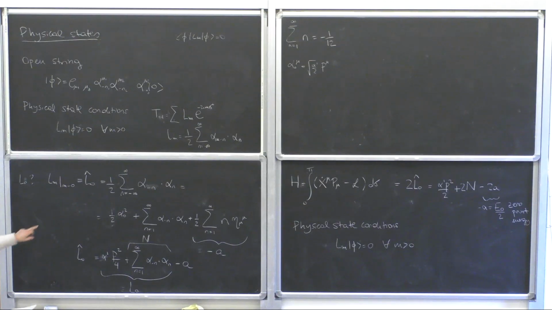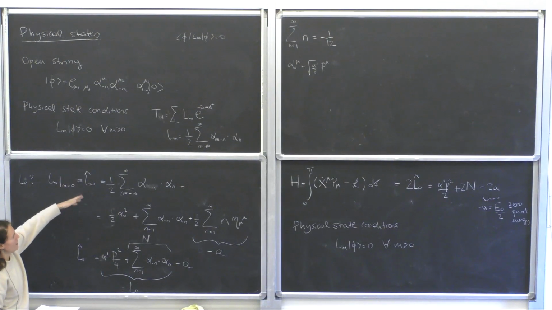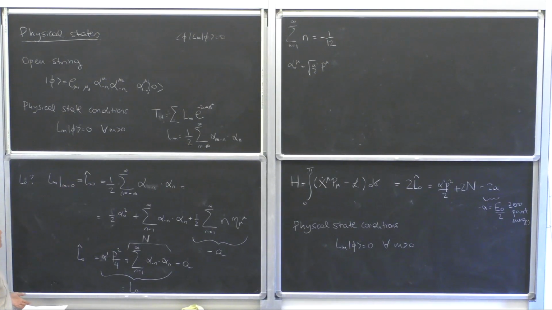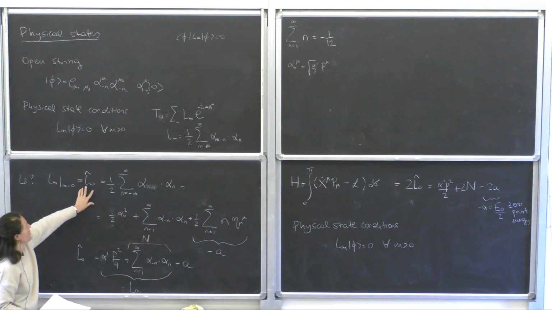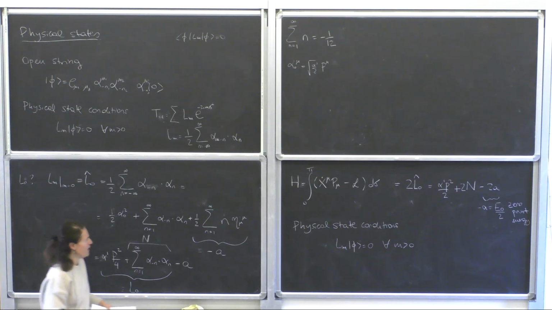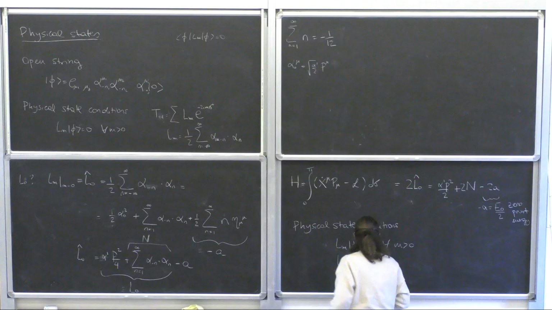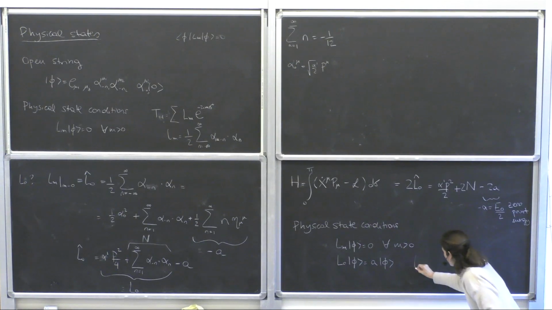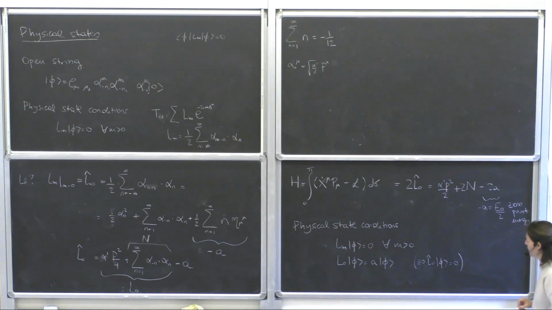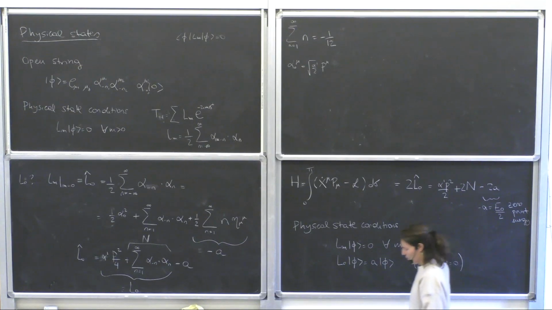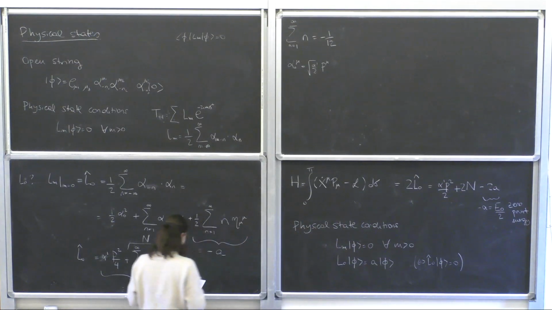L0 hat is the one that should annihilate phi because the mode of the energy momentum tensor is L0 hat. So in terms of L0, what I have to require is that L0 phi equals this constant times phi, right? So this is equivalent to L0 hat phi equals 0, which is what we should require. L0 hat is the real zero mode of the energy momentum tensor.